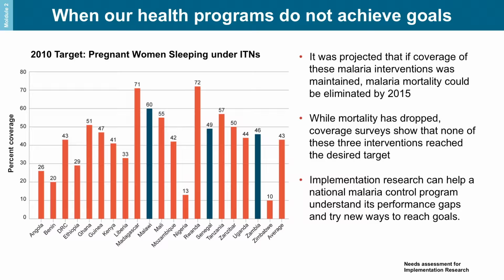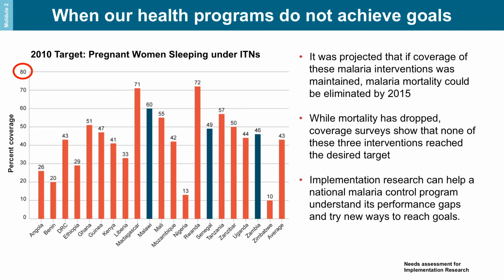This information was available through a number of sources that we'll talk about in a later chapter, including demographic and health surveys and national health information systems. But what we saw is that for one of the targets, pregnant women sleeping under bed nets every night, no place achieved the 80% goal. It was really a big challenge, and nobody could make it.